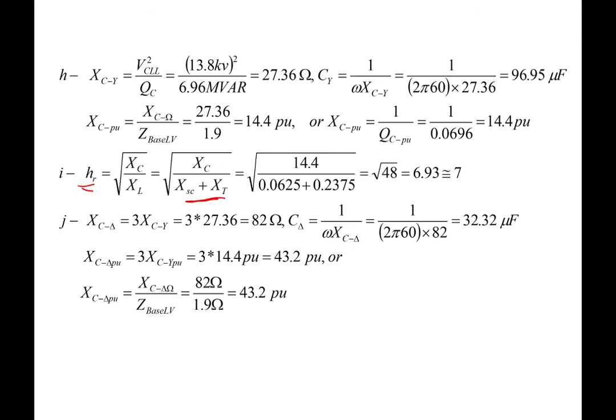If we'd like to find the reactance of the capacitance in ohm if we convert the Y to delta, we know that each side of the delta will be equal to 3 times one side of the Y. So 3 times XC for Y, 27, so 3 times 27, that will be 81. Then we can find the value of the capacitance.